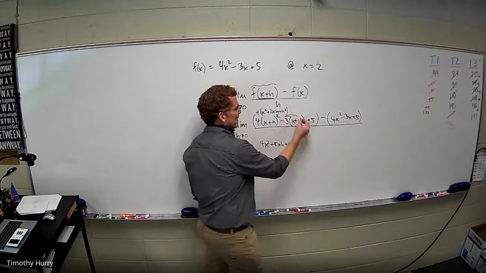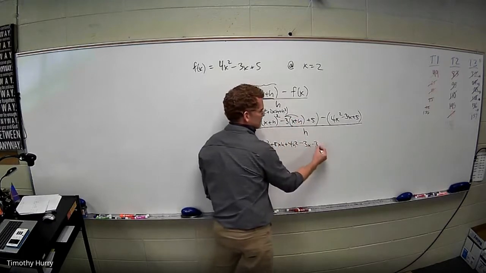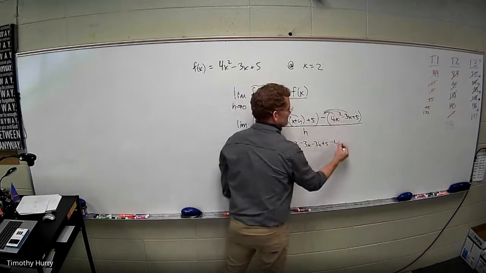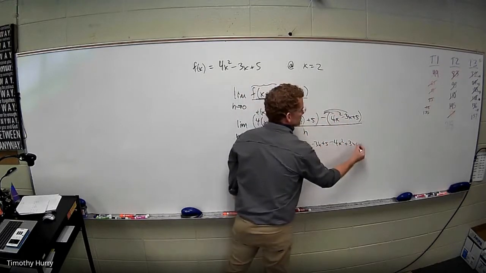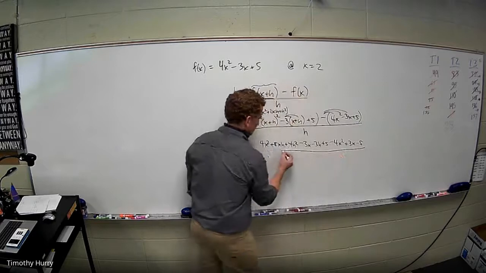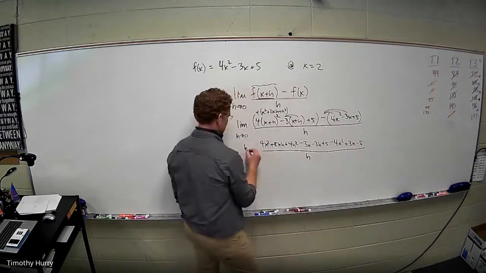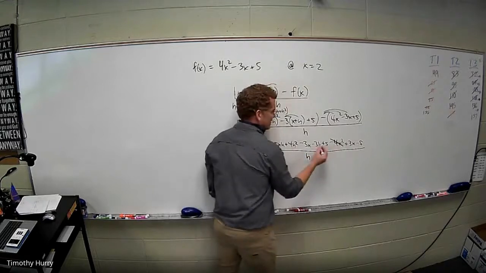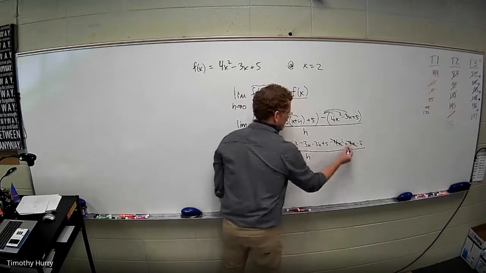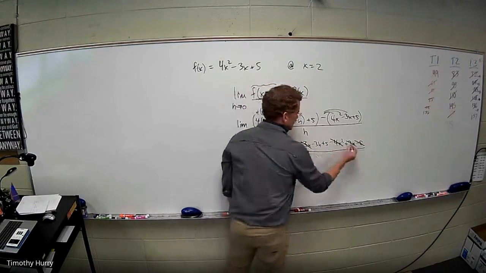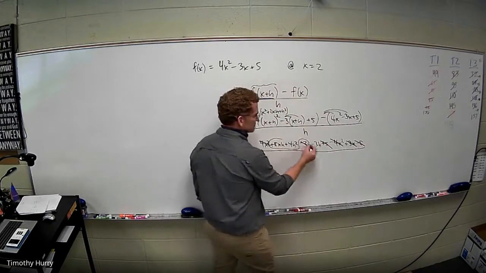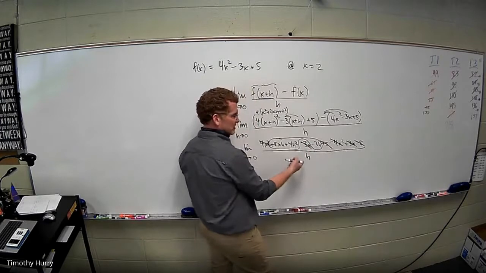I'm going to distribute that, add a 5, distribute that, divide the whole thing by h, and you can see that cancels, that cancels, that cancels, and everything left has an h in it.